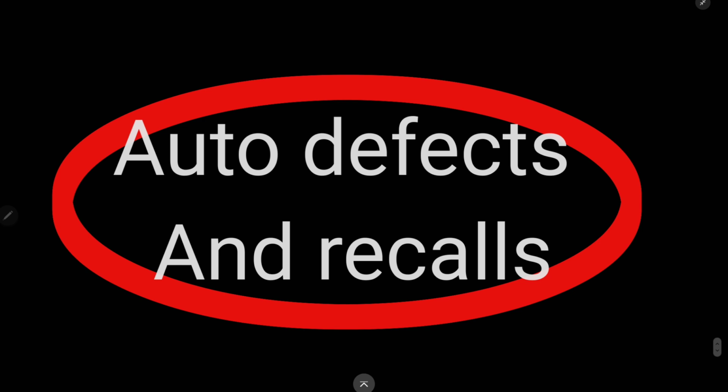How to check if your car is under recall? Use the NHTSA website. You can easily check if your car has a recall by visiting the National Highway Traffic Safety Administration NHTSA website and entering your vehicle identification number.